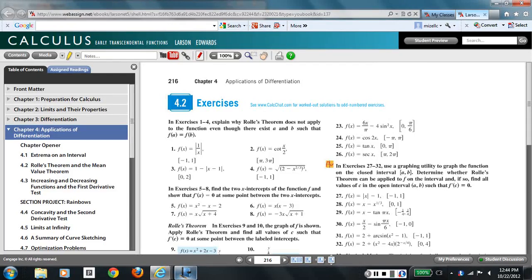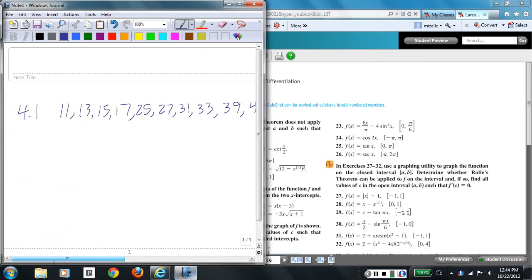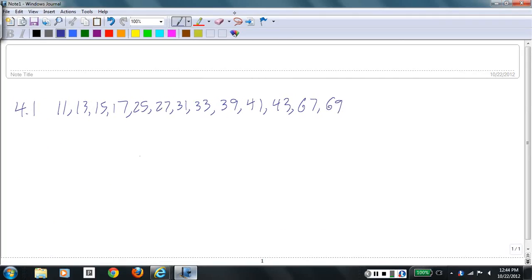If it is, the picture might look something like this. There's f of a, the y coordinates there. The conclusion is that because it has to go through that point, and it has to go through that point, and it has to be smooth and continuous in between, there has to be some point in between.